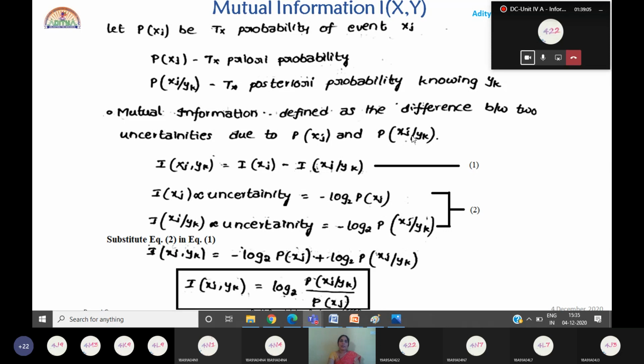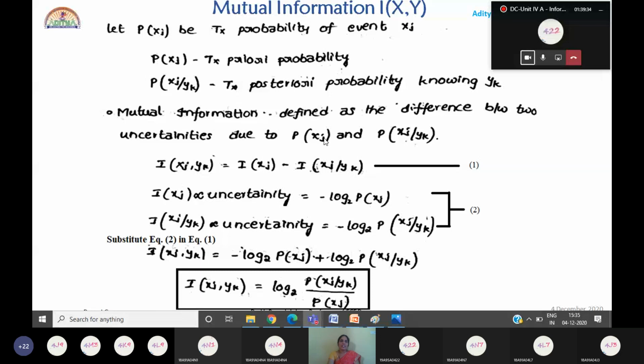But here I took the example of the information from the transmitter. So I have written here I of xj comma yk, mutual information due to xj events and yk events. It is defined as the difference between two uncertainties due to P of xj and P of xj by yk.